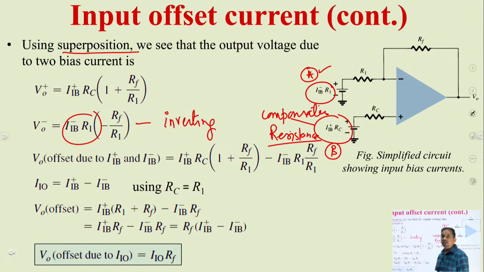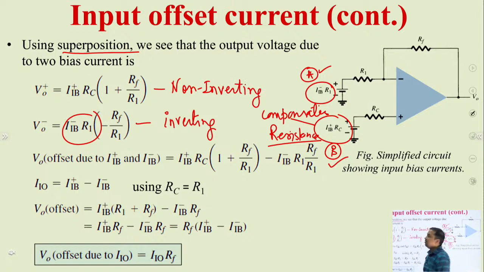Whereas if we consider source B by neglecting source A, we get a result corresponding to the non-inverting amplifier, which we have already seen: 1 plus Rf by R multiplied by V input.